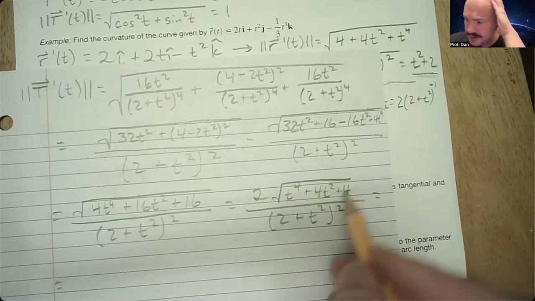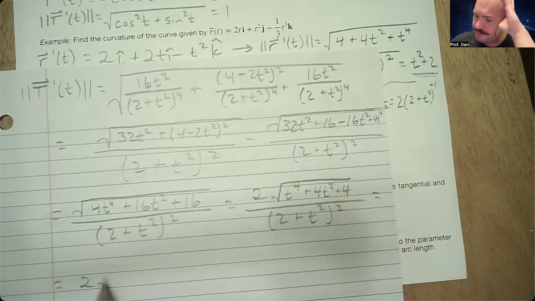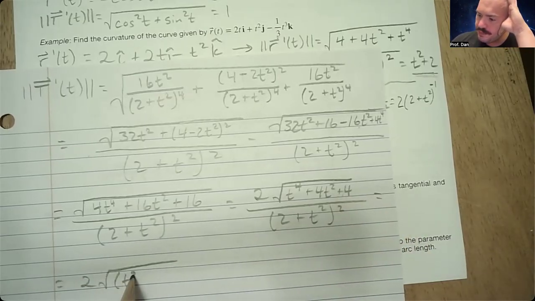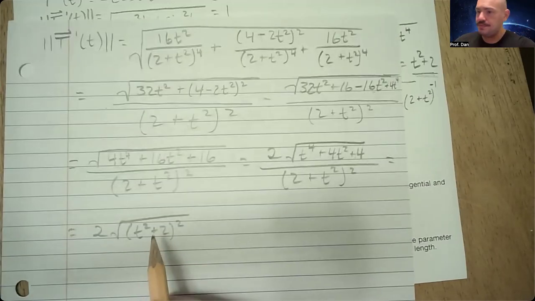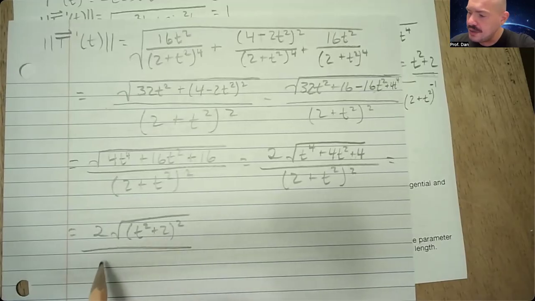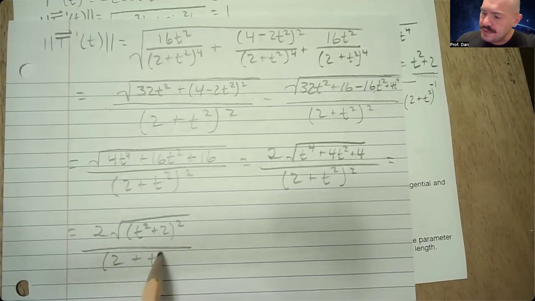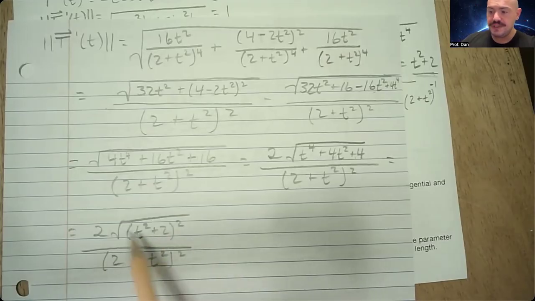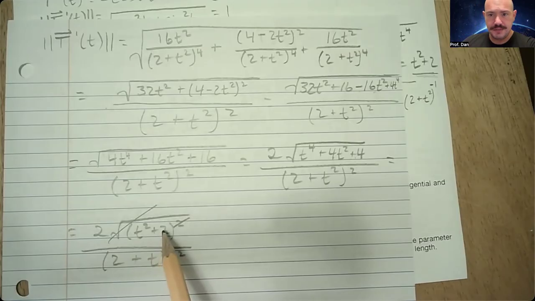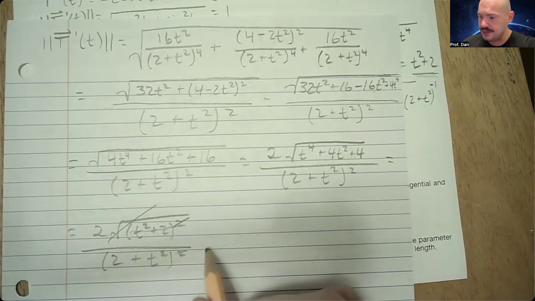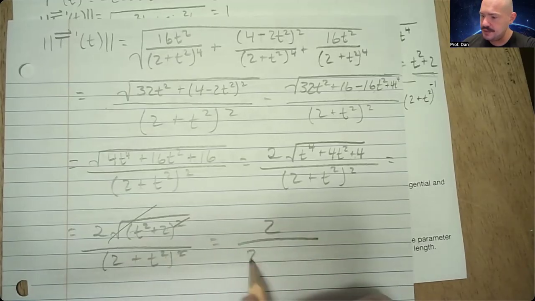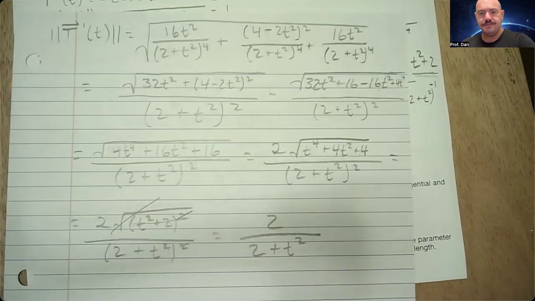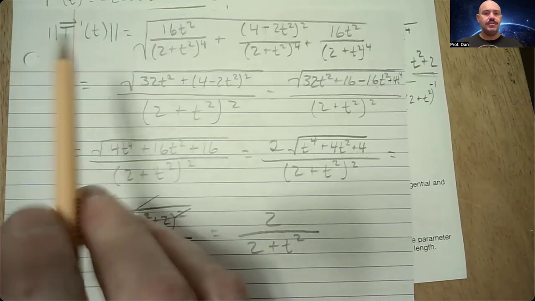So I already know that this is going to factor to t squared plus 2, squared. So when I take the square root, that takes out the squared. If I have this in both the top and the bottom, then I can divide one factor of each. And we end up simplifying to 2 over 2 plus t squared. So that's going to be the magnitude of T prime.